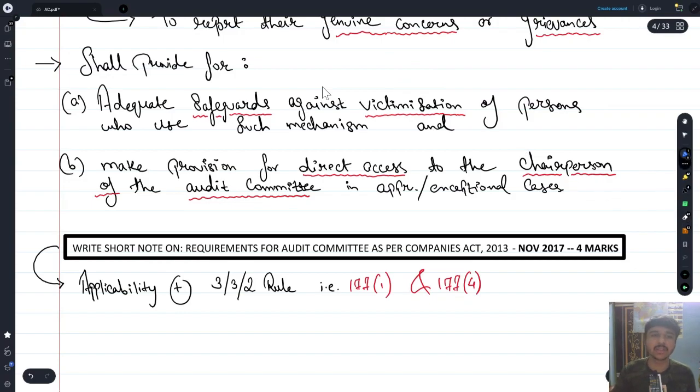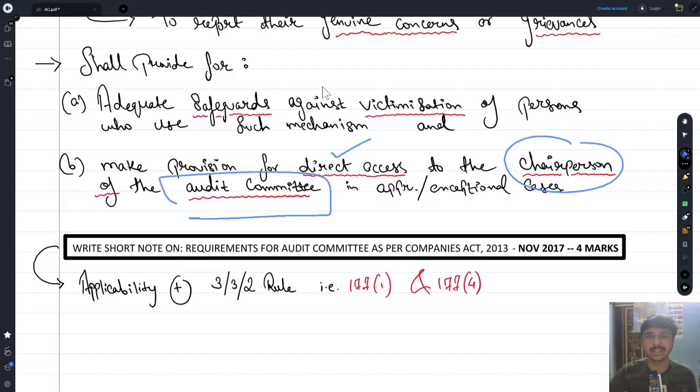And the second thing, obviously, in case the employees or the directors are in need of it, there should be a provision in the vigil mechanism that these directors are provided direct access to the chairperson of the audit committee.